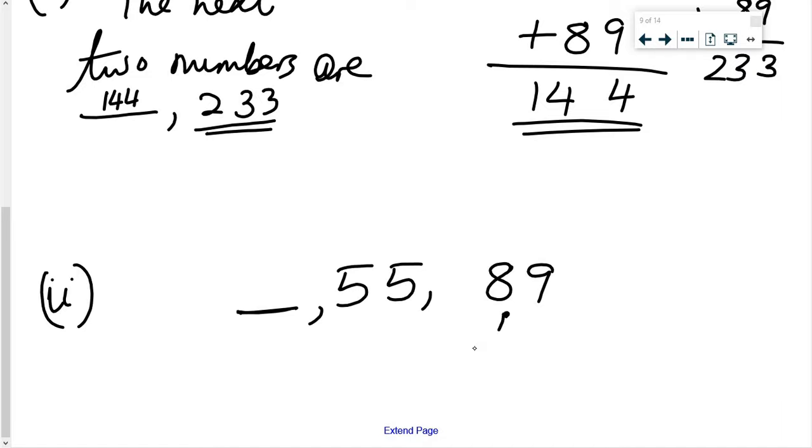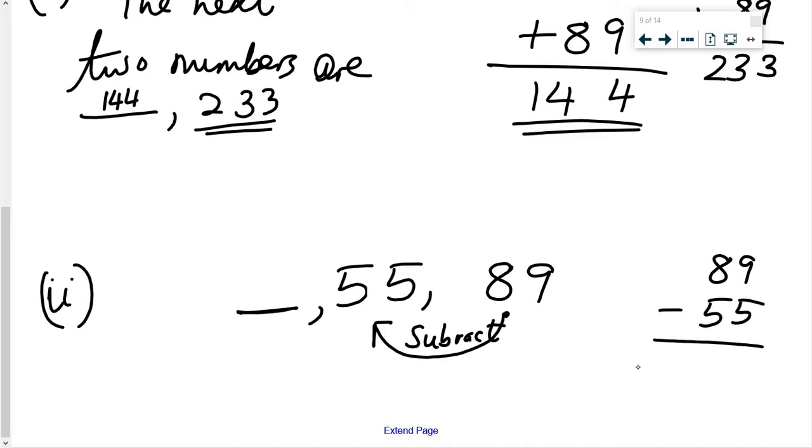Do the reverse. 89, subtract 55. So when you do 89, subtract 55, you have 4 here, you have 3. So the number that came immediately before 55 is 34.